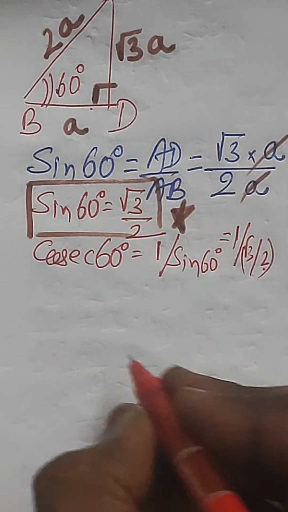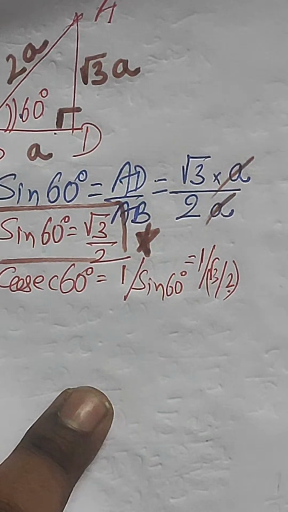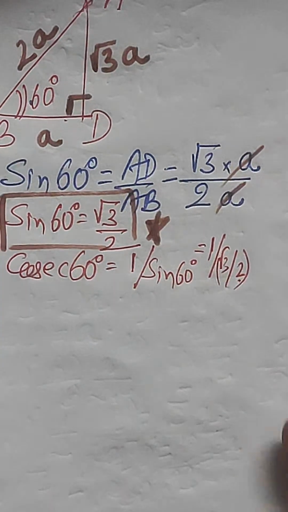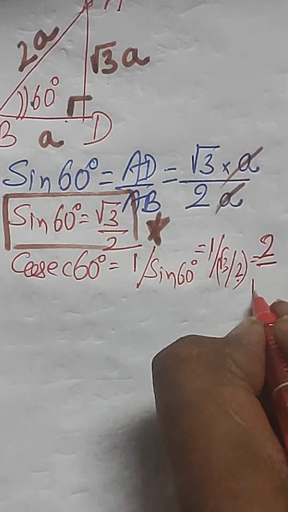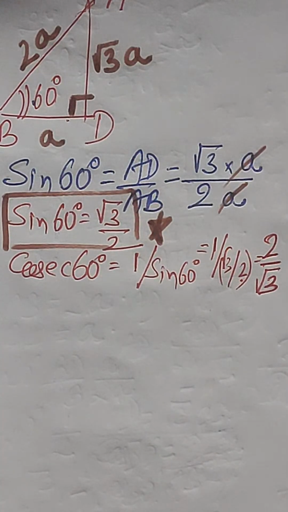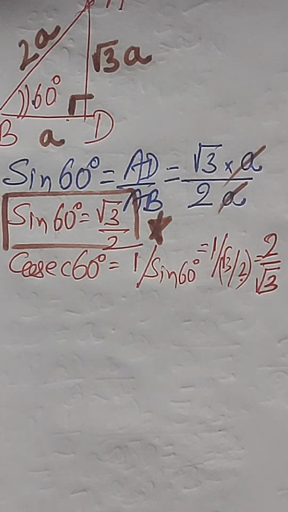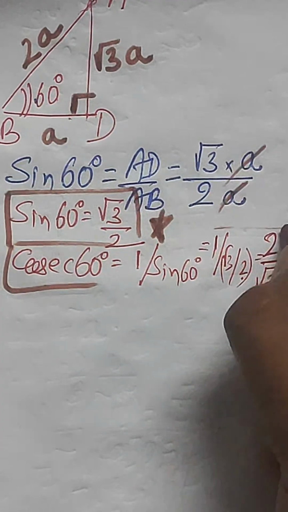So this will give you the value of cosec 60 as 2 by root 3. Isn't it? The reverse of that. In this way, we have calculated the value of cosec 60 also.